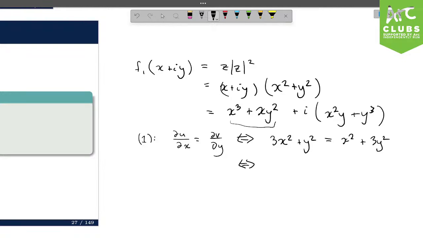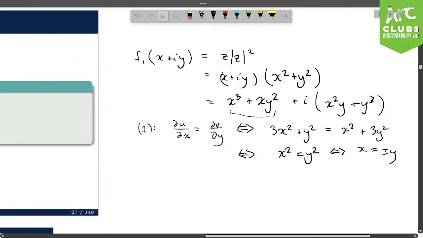With some algebraic manipulation, we get that x squared is equal to y squared, which implies that x is equal to plus or minus y, right? So this is our first condition, the condition we need for the first equation to be satisfied.